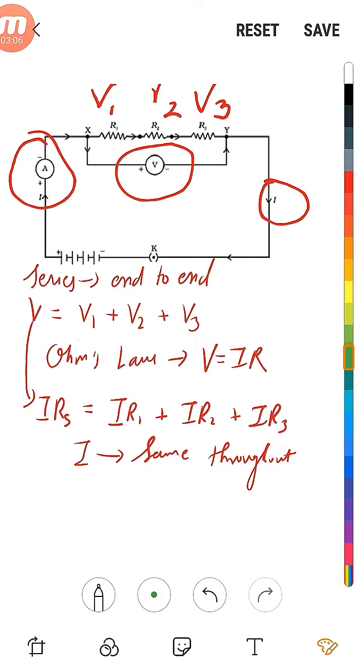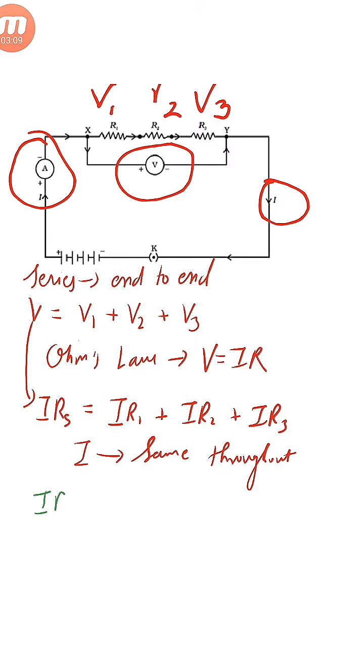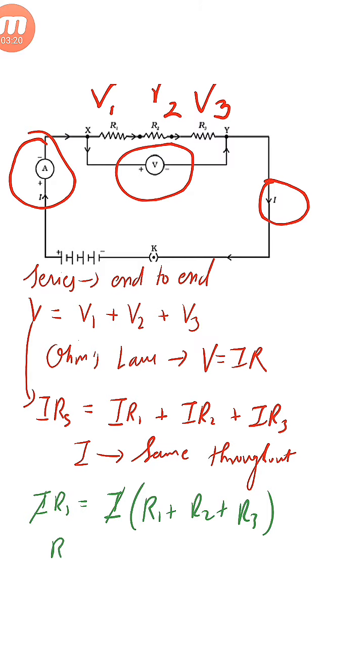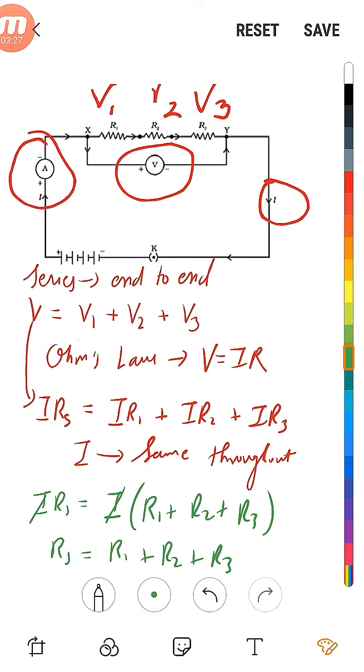Now IRs equals, taking I common, I times R1 plus R2 plus R3. The I cancels off. So Rs equals the sum of the individual resistances connected. Here we have connected only 3 resistances. What if n resistances are connected?